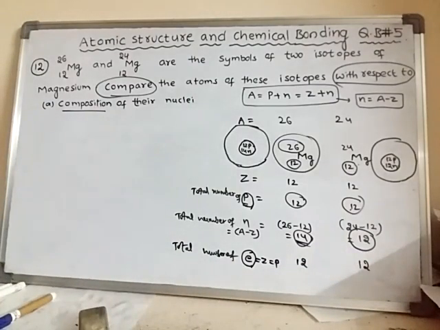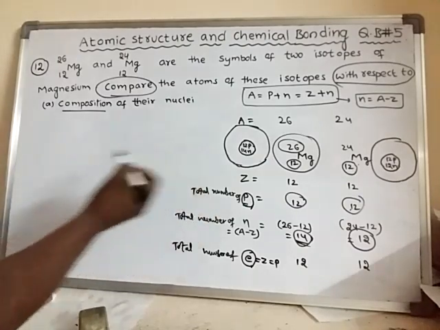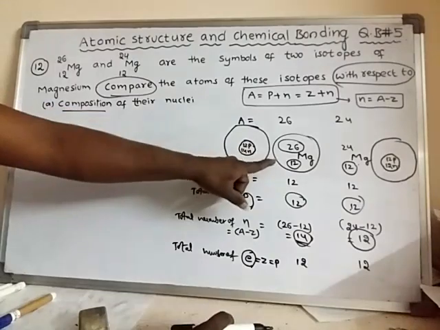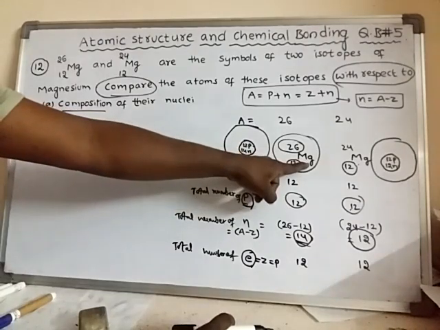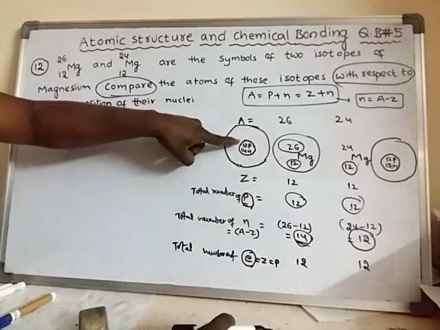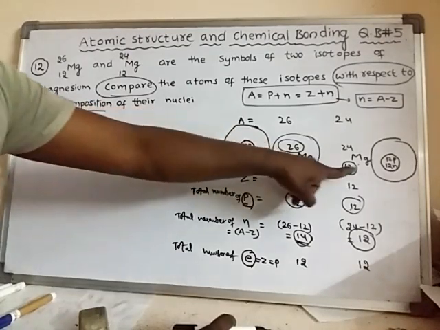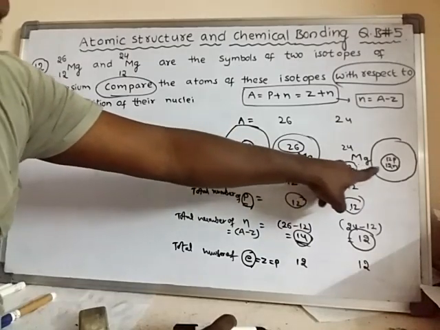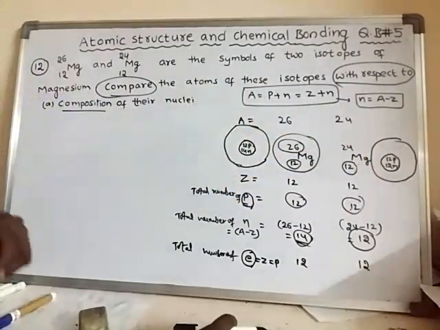So like this, the comparison of the nuclei can be done. That means this isotope of magnesium has 12 protons and 14 neutrons, but this isotope of magnesium has 12 protons and 12 neutrons.